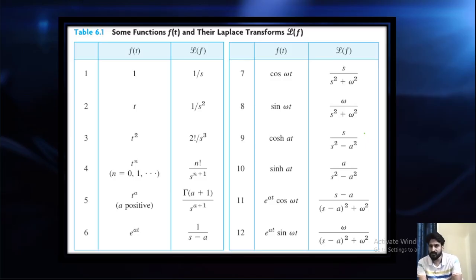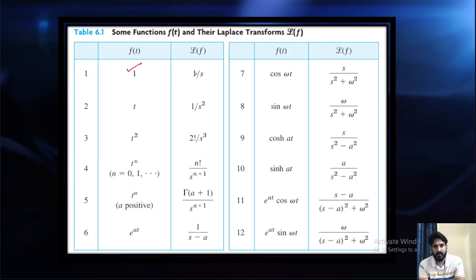These are very basic formulas. Like at the start of the lecture we calculated the Laplace transform of 1.